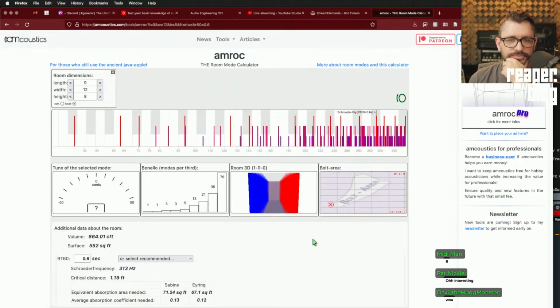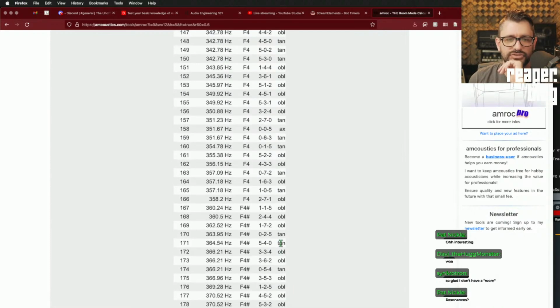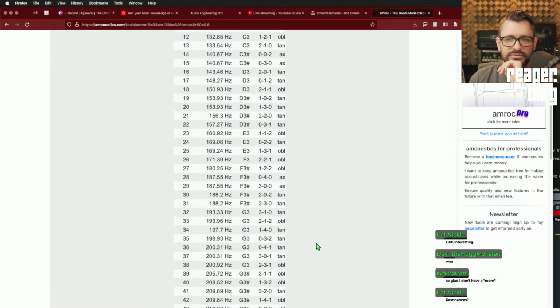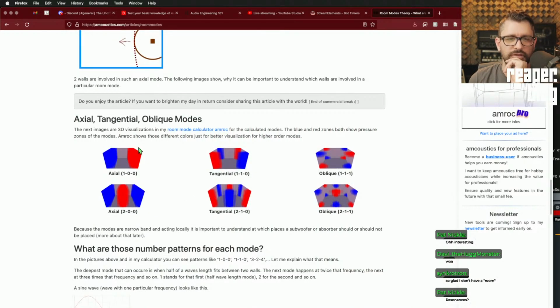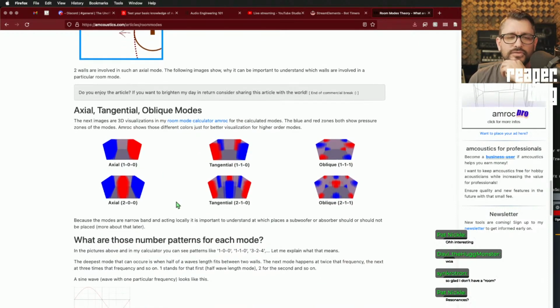Axial mode. There's axial, tangential, and I'm not seeing the words here. Axial, tangential, and oblique modes. So axial is like your sidewalls, a sound bounces between left and right, and it gets amplified by the walls, and there's a dead spot in the center. Axial can also be like the floor and ceiling dimensions.